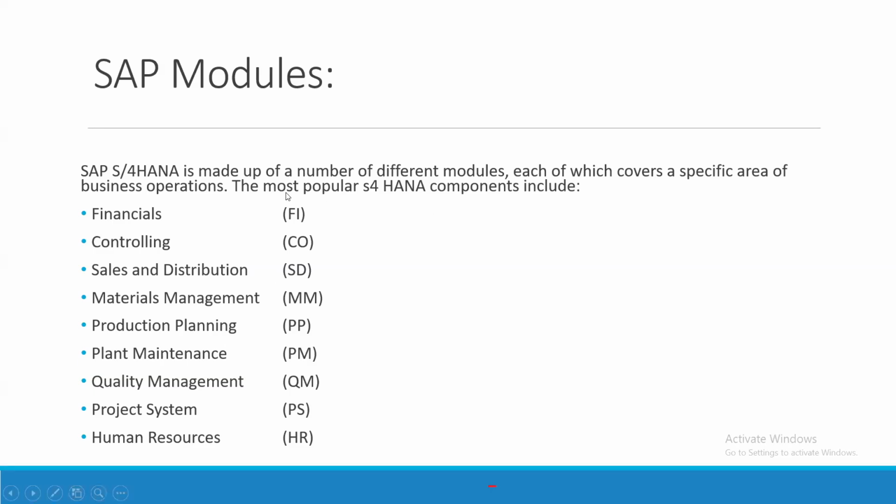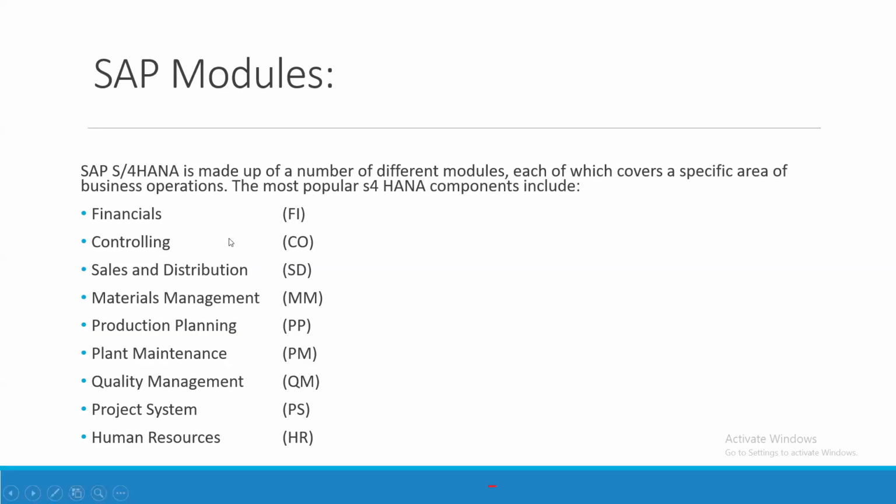So SAP FI is a financial module. The financial module is usually used in the accounts department of a company. Then CO stands for controlling. Controlling is used in the costing department. Sales and distribution, SD, is used in the sales department of your company.